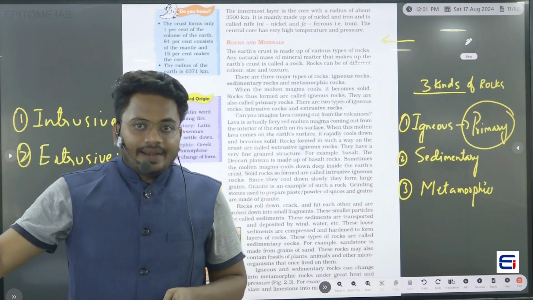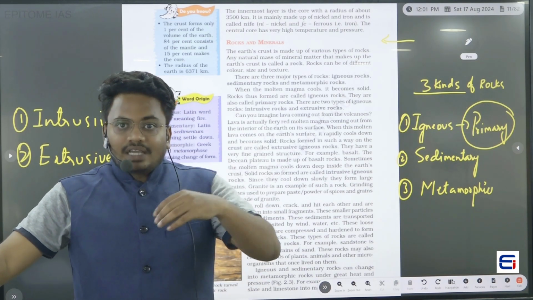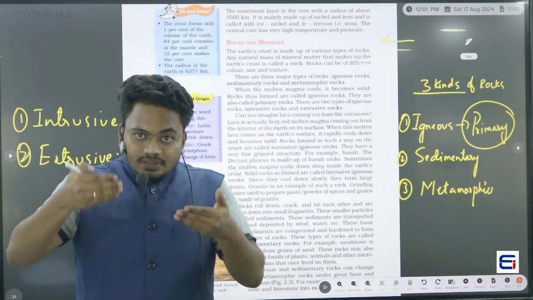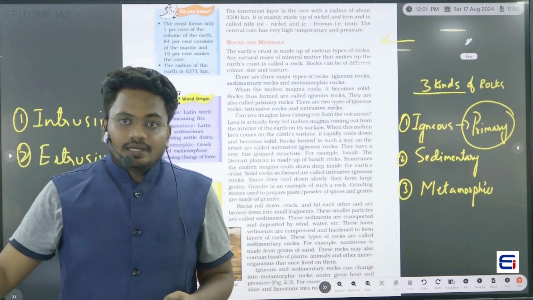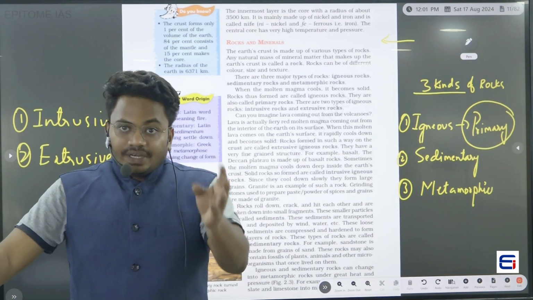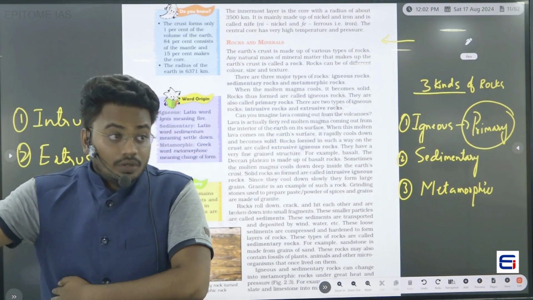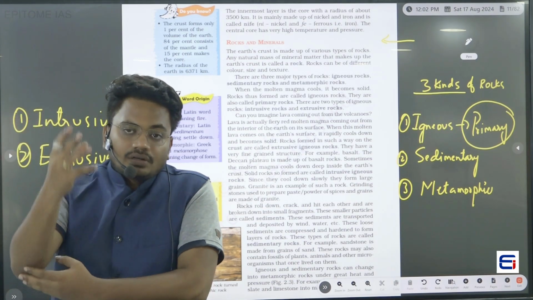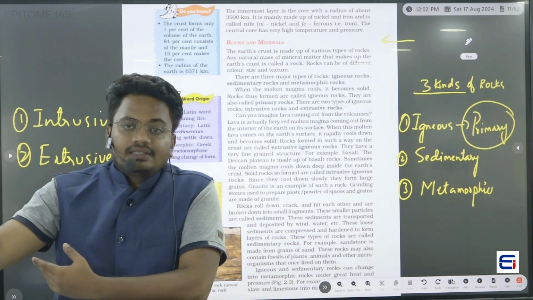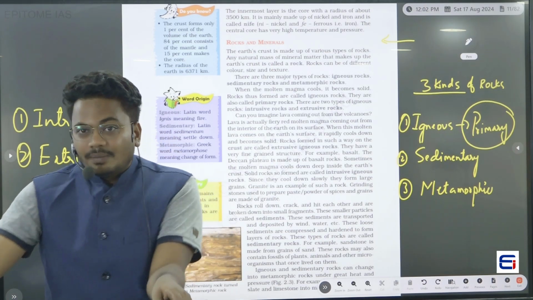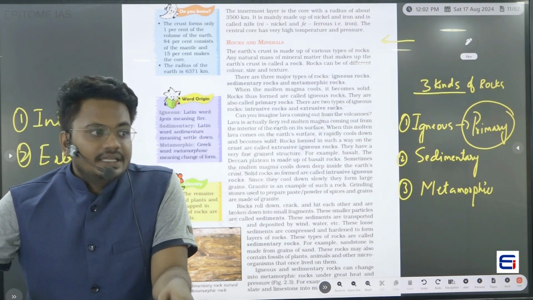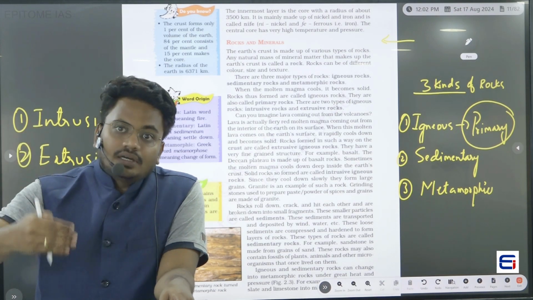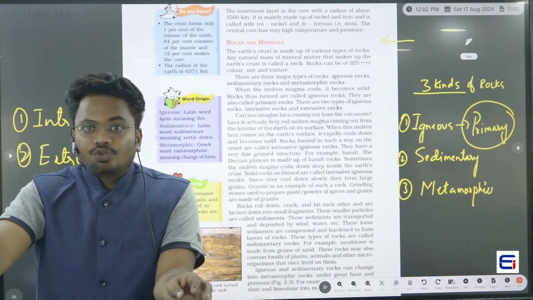So if lava is coming out of the surface, out of the crust, that means we are able to see that lava, and if it is solidifying, then that form of igneous rock is called extrusive igneous rock. What does it mean? It means that the igneous rocks which are formed on the surface or on the crust are called extrusive igneous rocks.